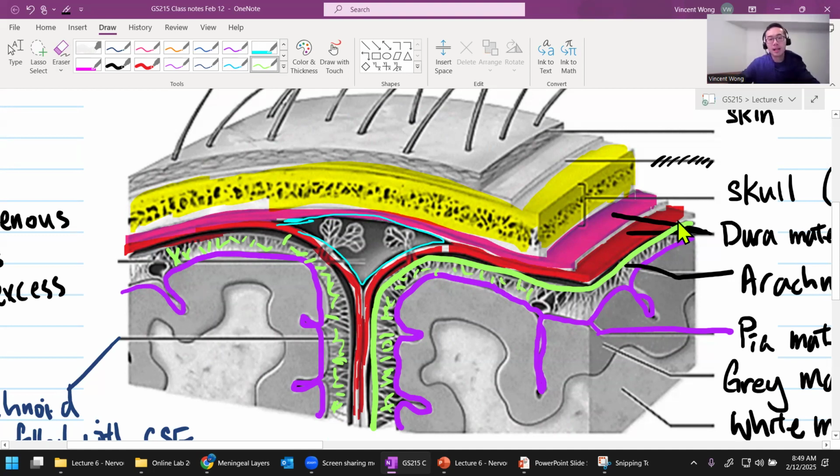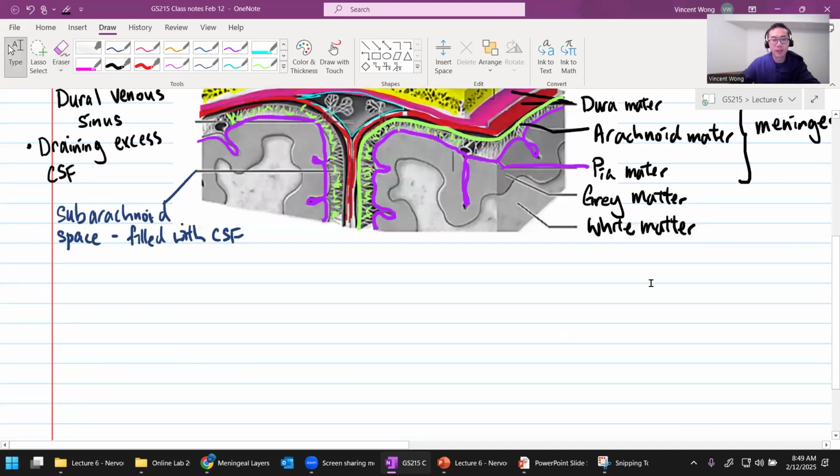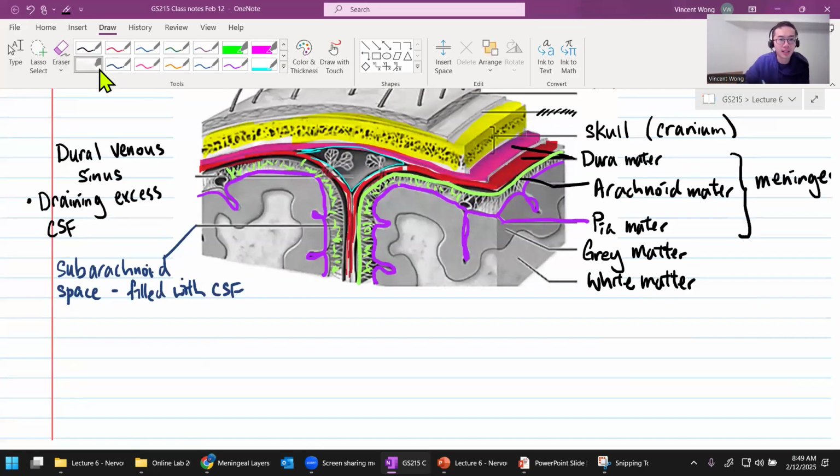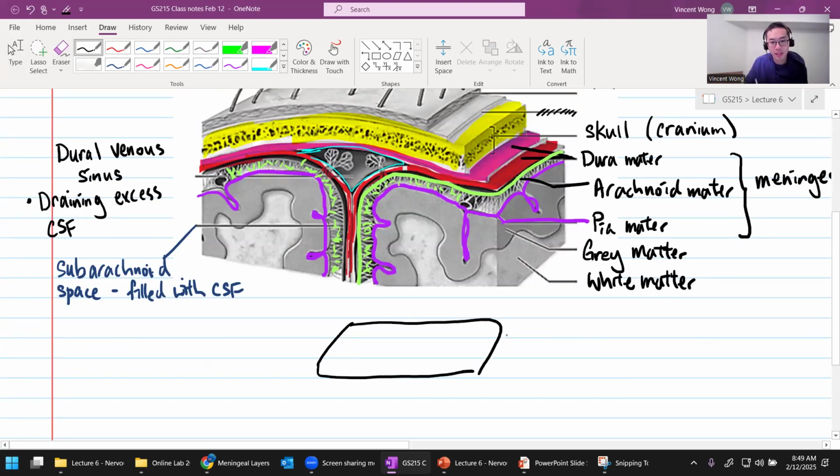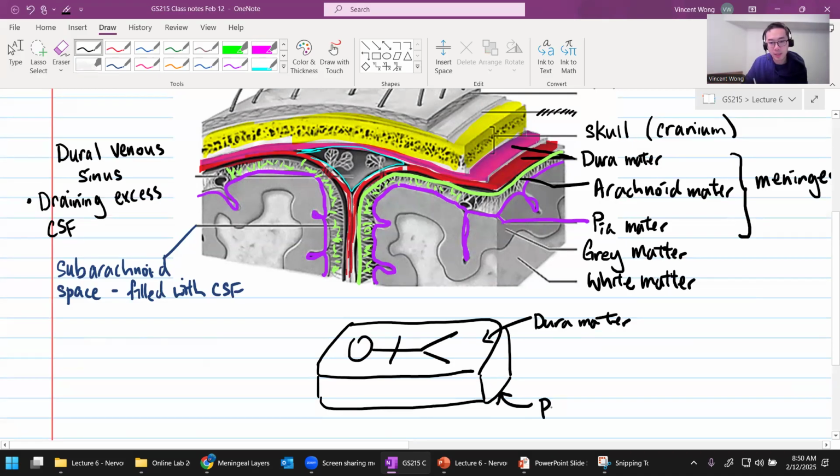Let me give you an analogy to help everybody understand this. One way to think about it is to think of your mattress. Okay, so there's the mattress, and then you sleep on the mattress. The side you're sleeping on, that's the dura mater, and the underneath side, that's the pia mater.